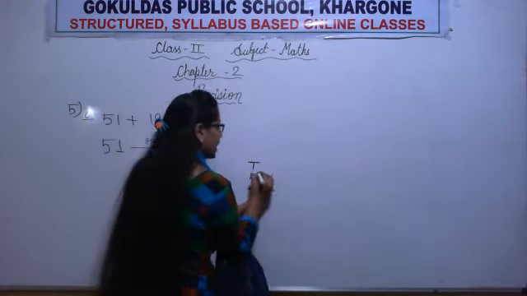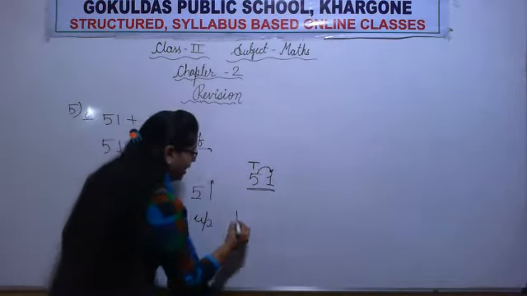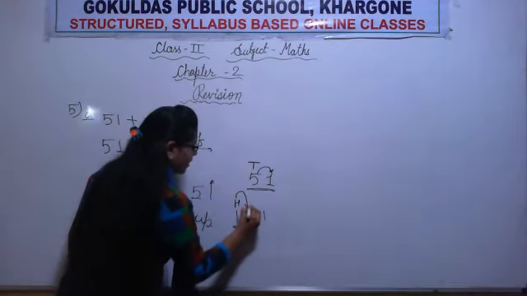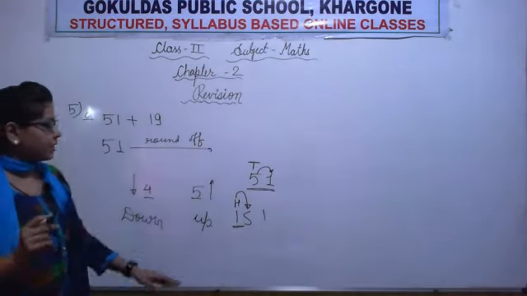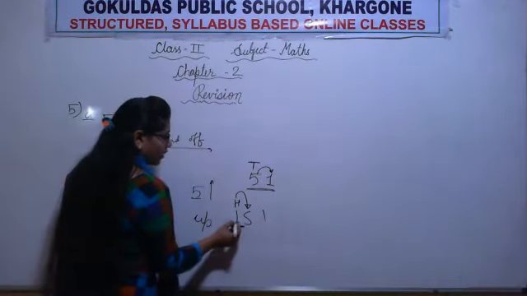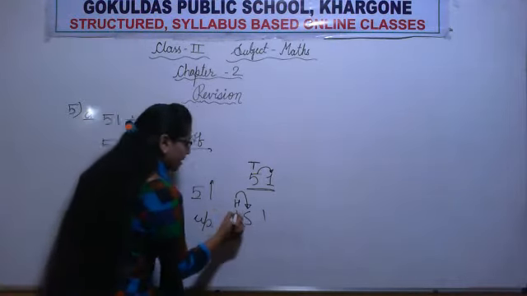So we will see the number right to that place. If we are asked to round off to the nearest 100, we will see the number right to that place.